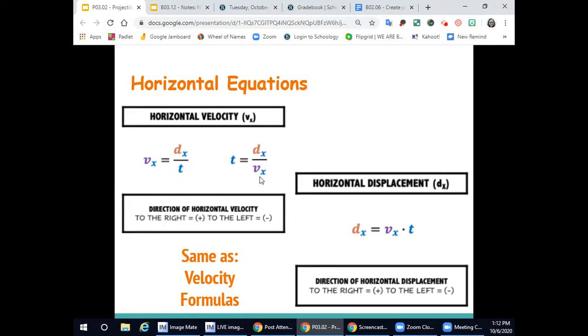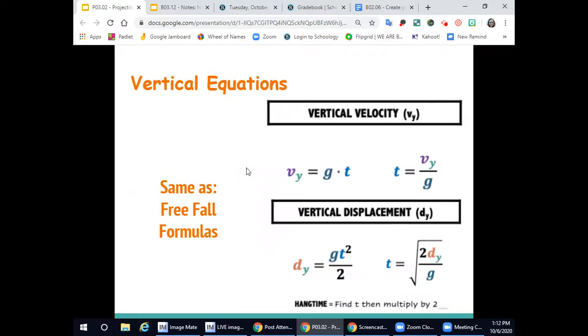We have our Vx, but we don't have dx. That's what we're solving for. So we can't use this horizontal velocity formula for t. So we're going to have to go back and use our vertical velocity formula for t because we do, oh, just kidding, Vy is 0. So we're not using that one. Does anyone want to take a guess which one we're going to solve to find time? Yeah, the one next to dy, vertical displacement. T equals the square root of 2 times dy over g.